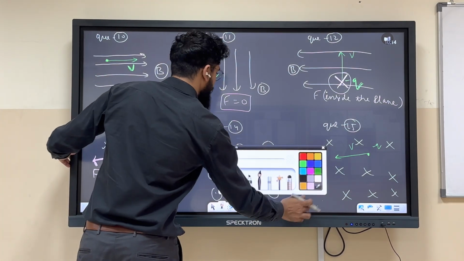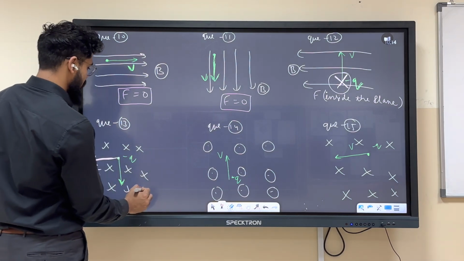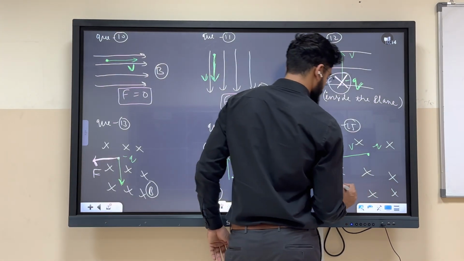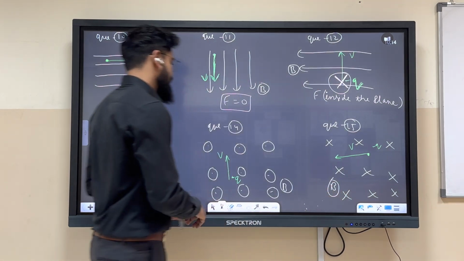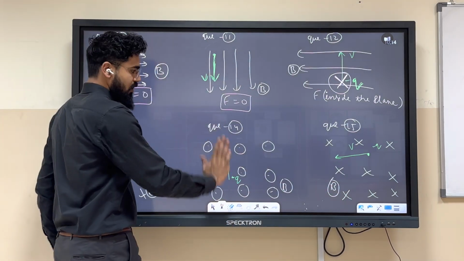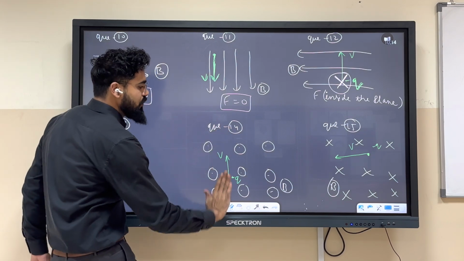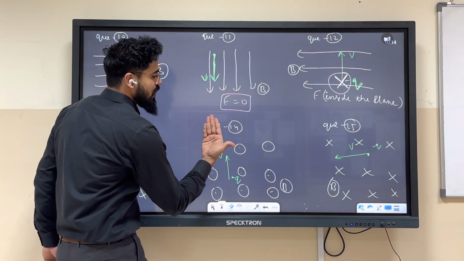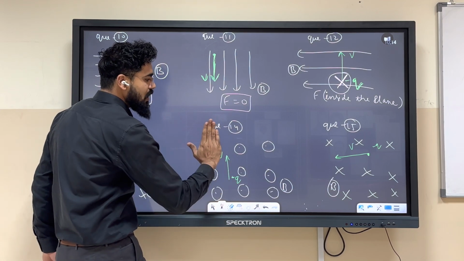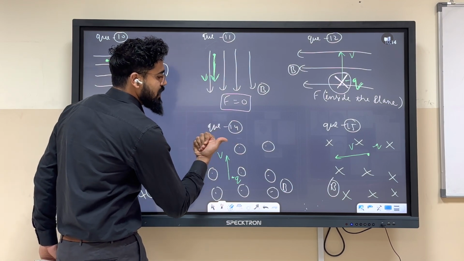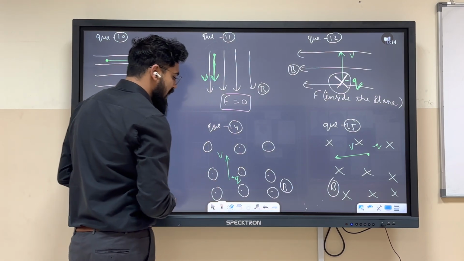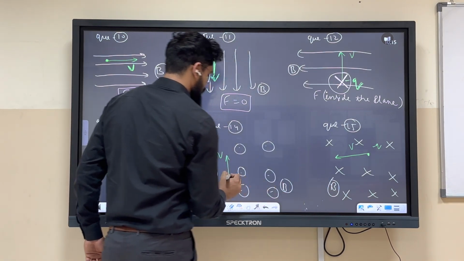Over here, V in this direction, magnetic field in outside direction. So V cross B. So force should be in this direction, but it is negative charge, so answer will be in this direction.